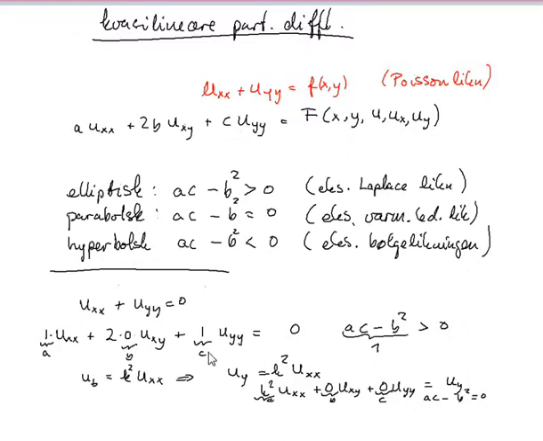On the right hand side we just have the function f, which is in this case equal to 0 for all values of x, y, u, and so on. So in this case ac minus b square is in fact 1, which is larger than 0. So it's indeed an elliptic equation according to this definition.